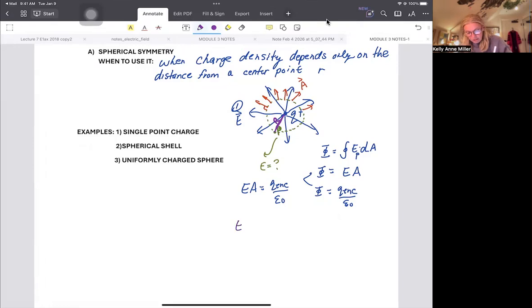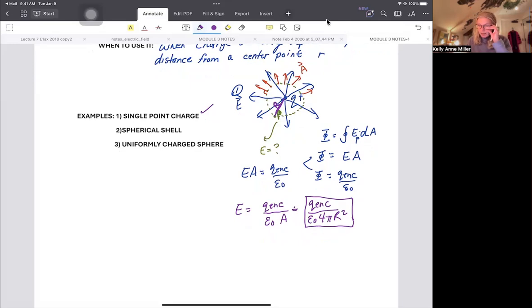So the electric field is going to be Q enclosed, which is just my positive Q, divided by epsilon naught, and also divided by the area, which is just 4 pi r squared. And that's the answer. That would be what the electric field would be at that point P. So that's the single point charge. Hopefully that was clear. That's sort of the simplest case.